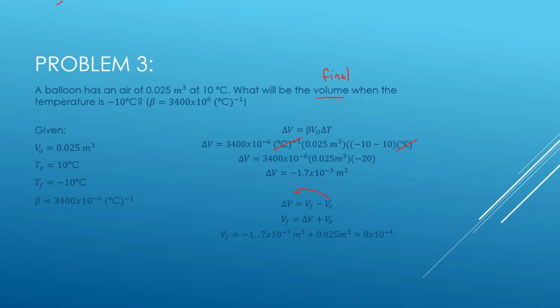So the final volume is equal to negative 1.7 times 10 raised to negative 3 meters cubed plus 0.025 meters cubed, which is equal to 8 times 10 raised to negative 4 meters cubed. Okay, so that will be all, I suppose.